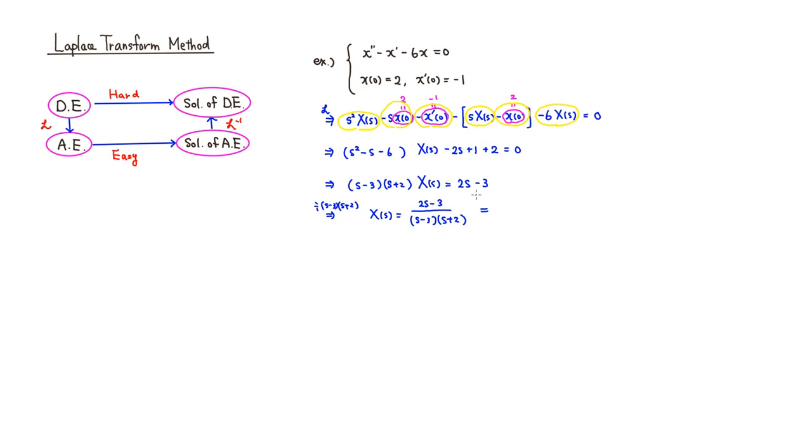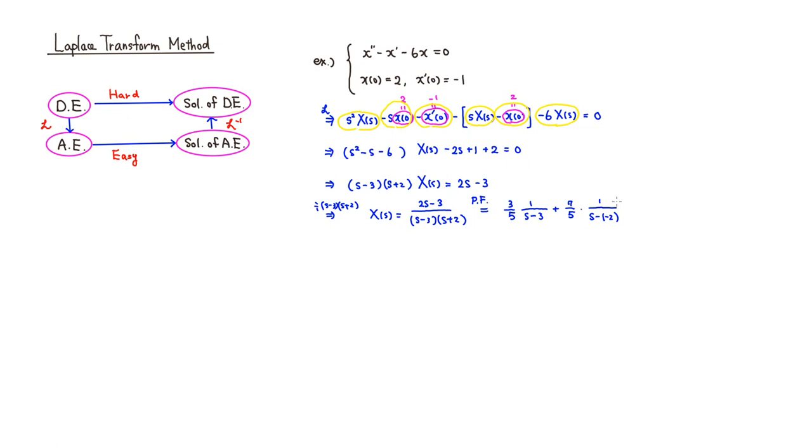If you use the partial fractions here, you're going to end up getting 3 over 5 times 1 over s minus 3, plus 7 over 5 times 1 over, I'm going to write the s plus 2 as s minus negative 2. So this is capital X of s.